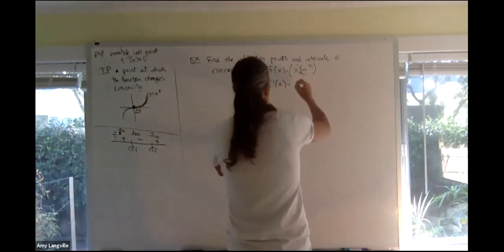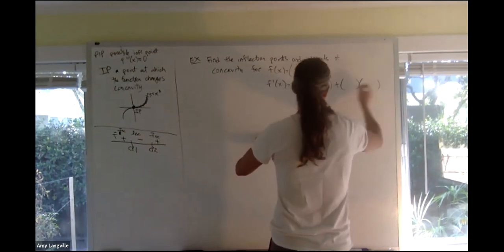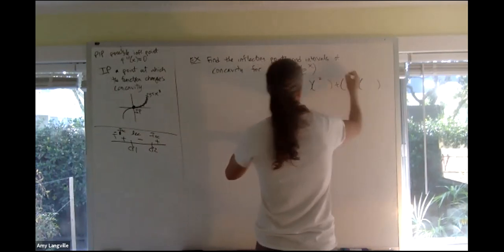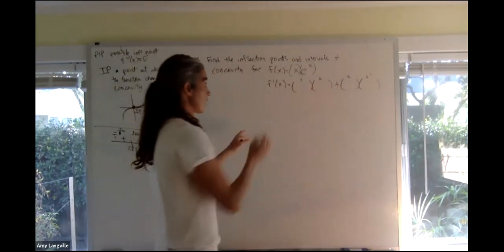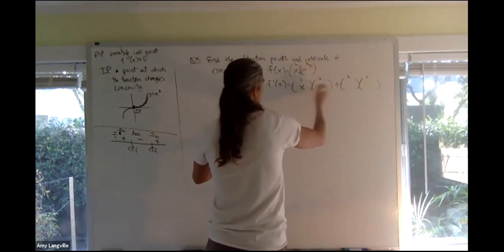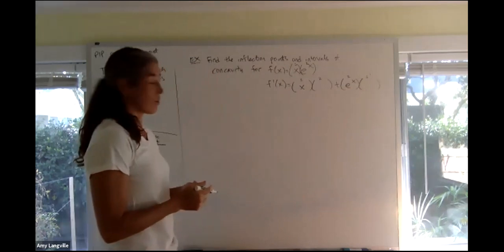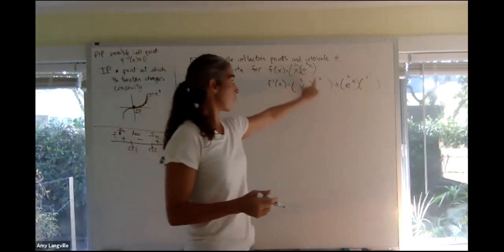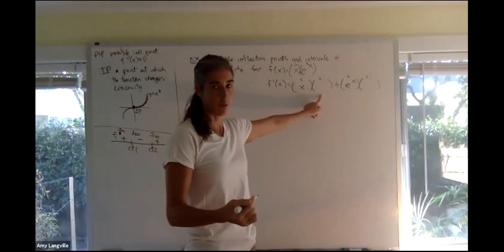So starting with the product rule, the structure of it: first times derivative of the second plus the second times derivative of the first. Fill in the copying boxes. So this is our first function, this is our second function. So x goes here, e to the x goes there. Then I fill in my derivative boxes. The derivative of e to the x, that's e to the power times the derivative of the power.